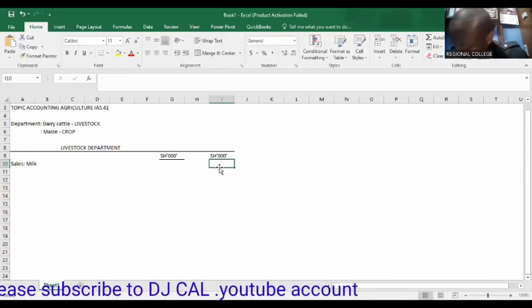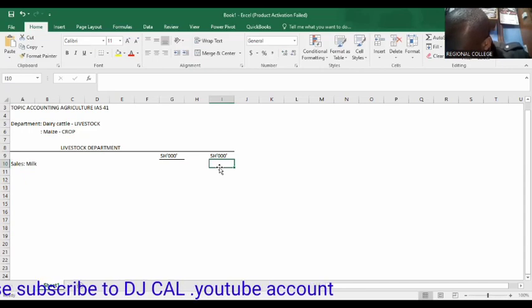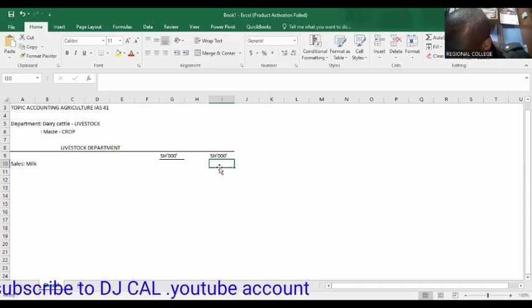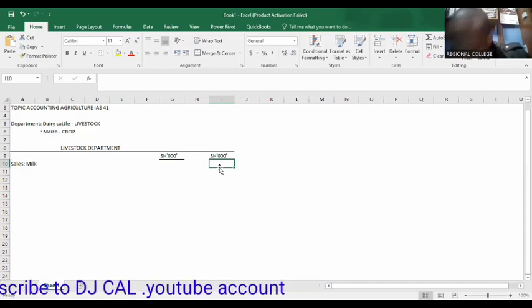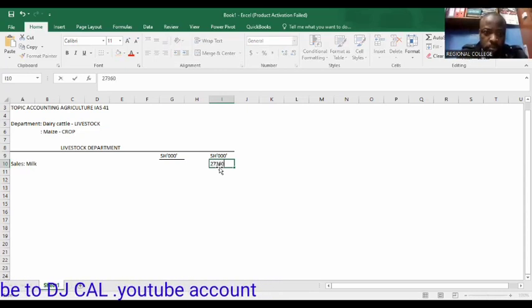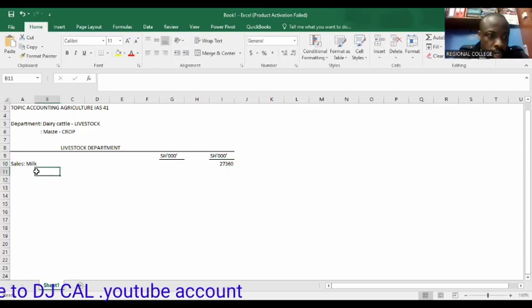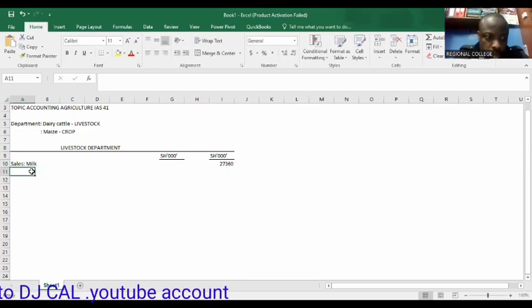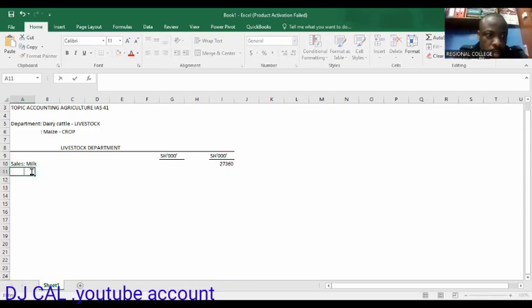The value of milk being sold is 27,360. Then I try to check if there is also another sale that can fall under livestock.